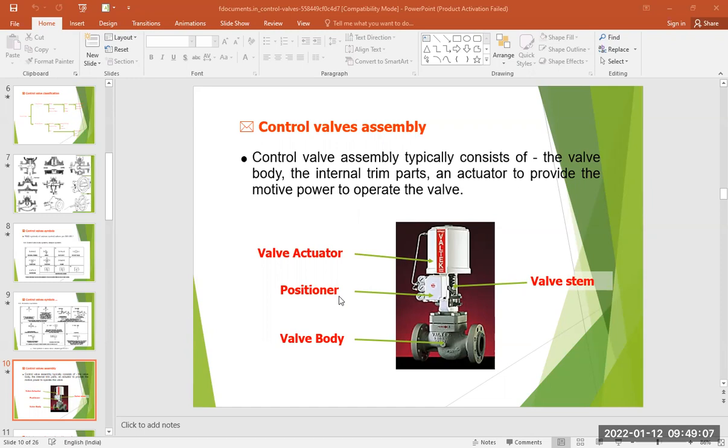And the analog input type of positioner system, which controls a control valve system, performs the same function as discussed above, but it uses electrical current, with a range of 4 to 20 milliampere instead of air as the input signal.